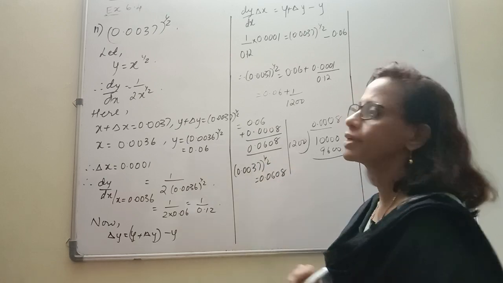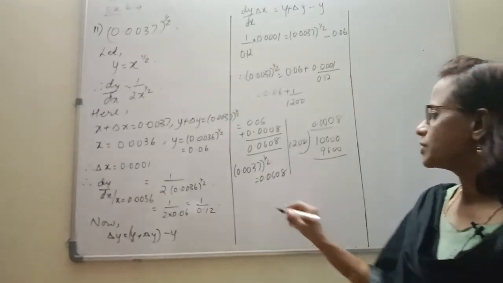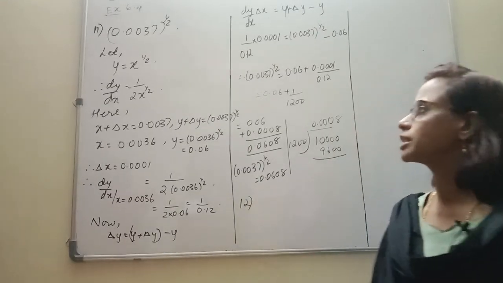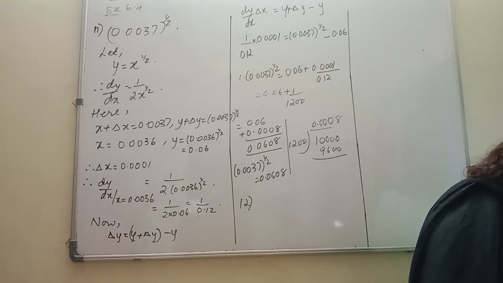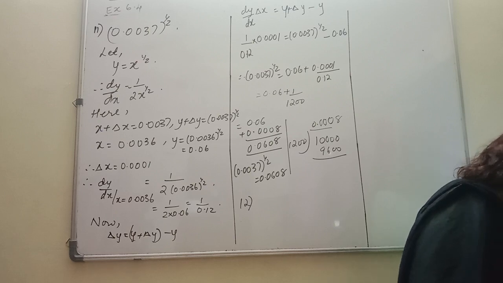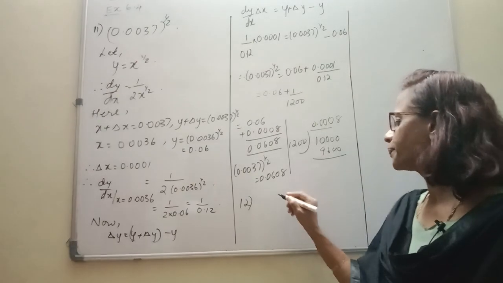That's about it. We always take up one more, so let's take the 12th problem and see what it says. It says 26.57 raised to 1 by 3.